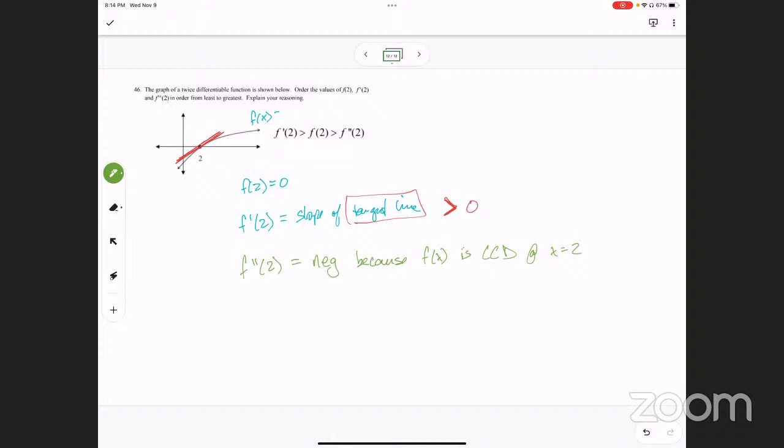So since this is negative, if we want to order from least to greatest, which one is the least? If this is negative, this is 0, and this is positive, which one is the least? Wouldn't it be f double prime of 2? That's right. That's the least because that's a negative. So the answer should be f double prime of 2.